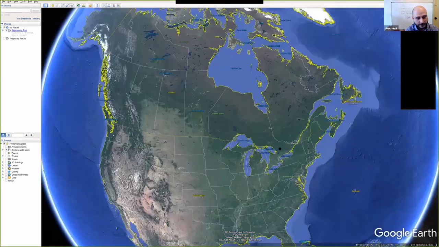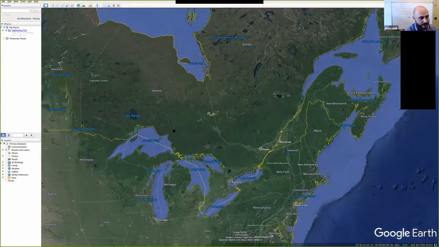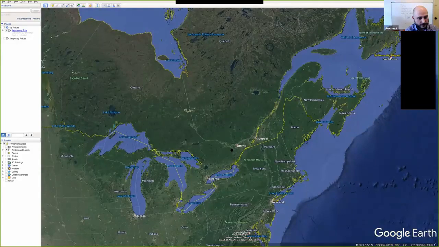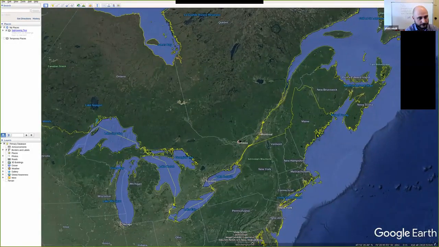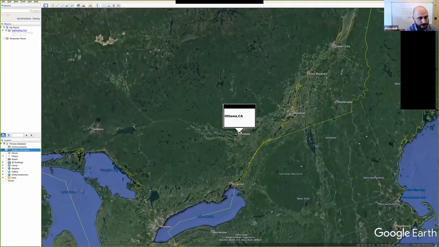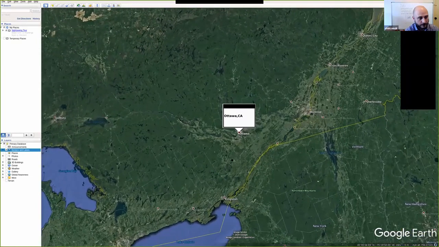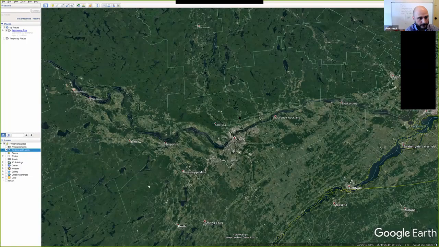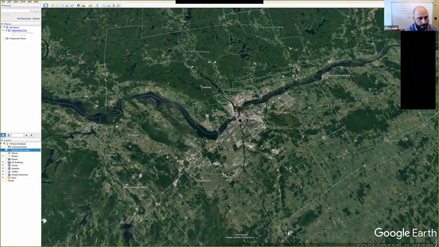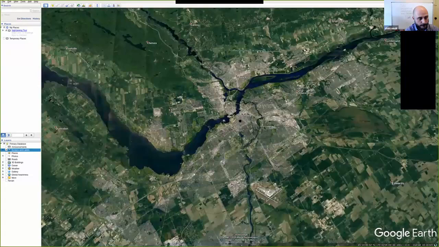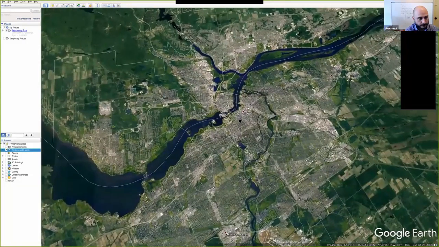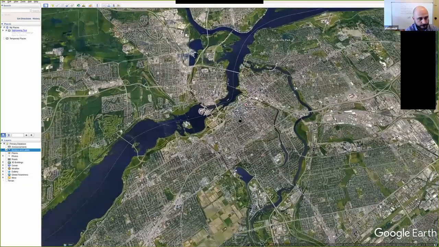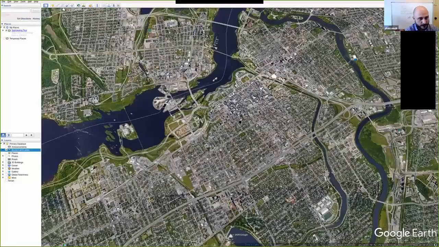Personally, I really like Ottawa. So we see some buildings here.